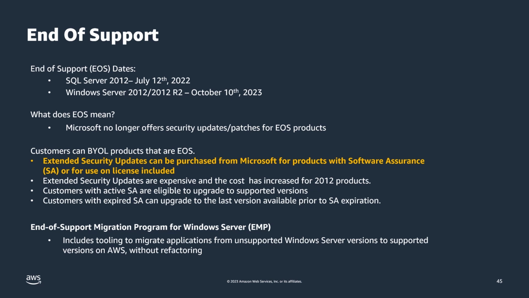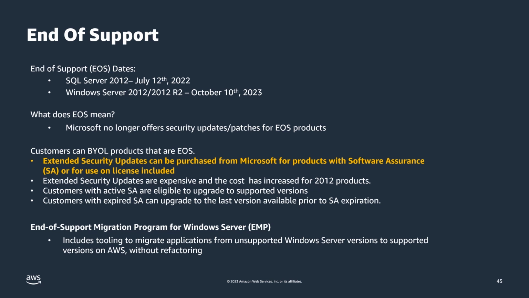If customers have the option to upgrade and the time to upgrade before end of support, they certainly should do so. If customers have active software assurance, they are eligible to upgrade, so that should certainly be considered before purchasing extended security updates. And customers can upgrade to the latest version they had when they had software assurance. So using Windows Server as an example, a customer may not have software assurance today, but if they had software assurance when Windows Server 2019 was released, they could upgrade to that product and be supported.